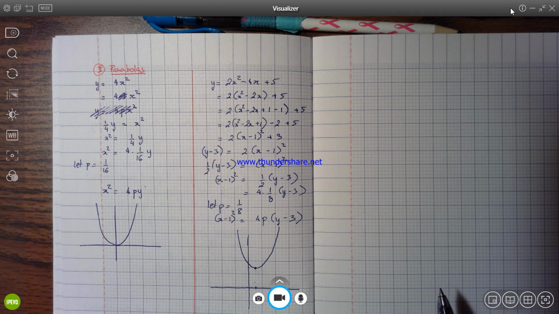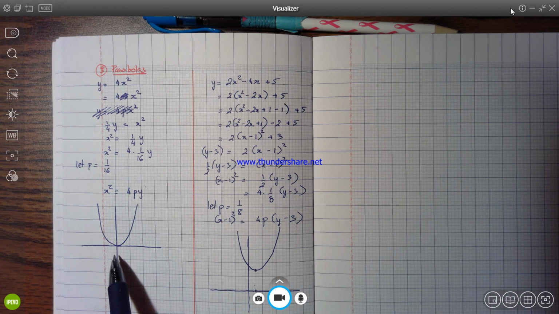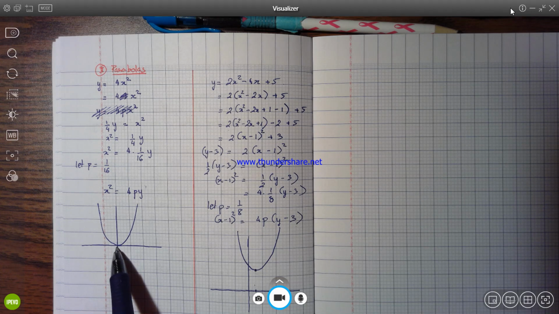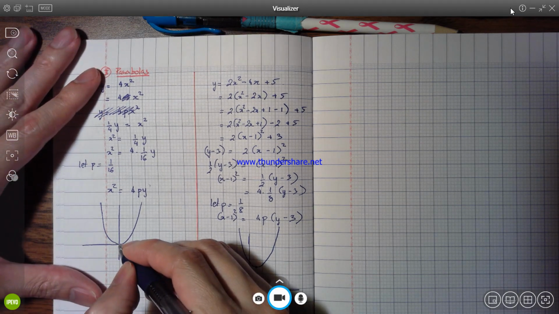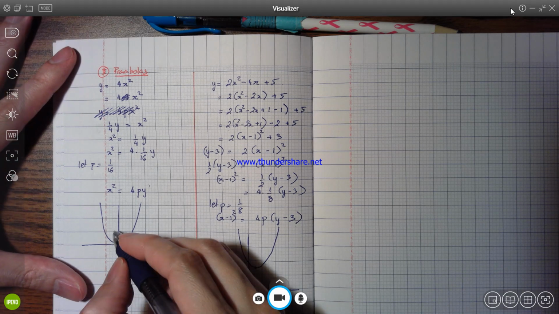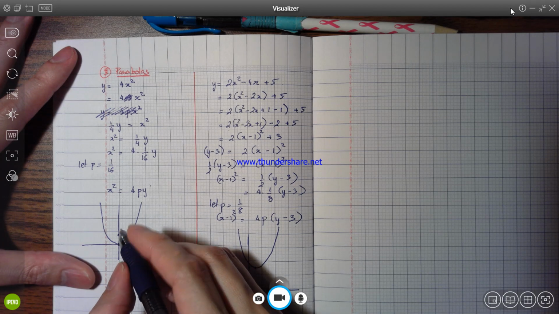It tells you the distance between the vertex and a point inside the parabola is 1 over 16. So the distance from here to here is 1 over 16.